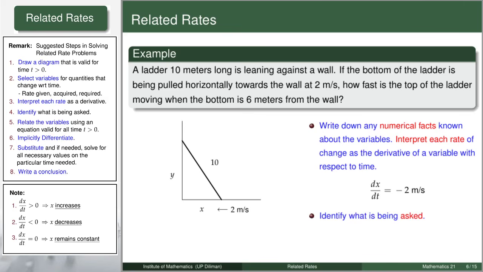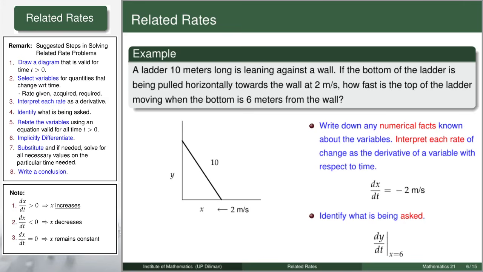Now, the next one is I need to identify what is being asked. In this case, how fast is the top of the ladder moving when the bottom is 6 meters? Now, since I need to know what happens at this point, that's almost the same as saying what happens at y. So I will just look for dy over dt. But this is not enough, because what we need is not dy over dt, but rather dy over dt evaluated at x equal to 6.